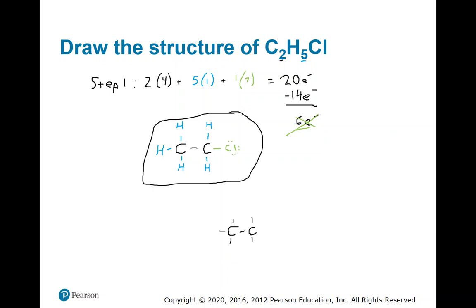something like this, where you could have a chlorine on some other part of that same carbon, or indeed you could have a chlorine atom on the other carbon atom as well. So something like this.